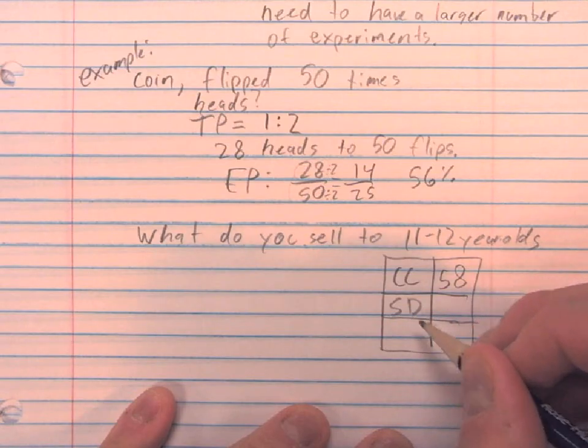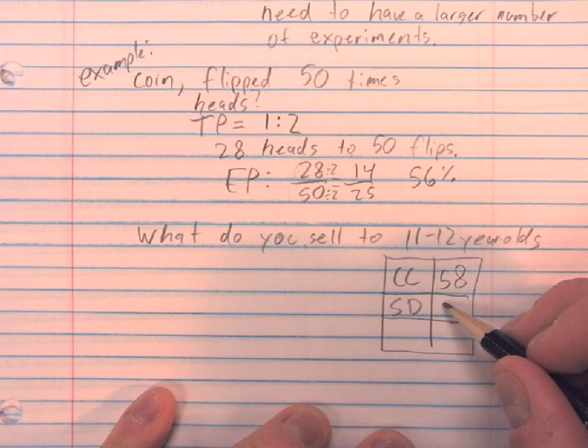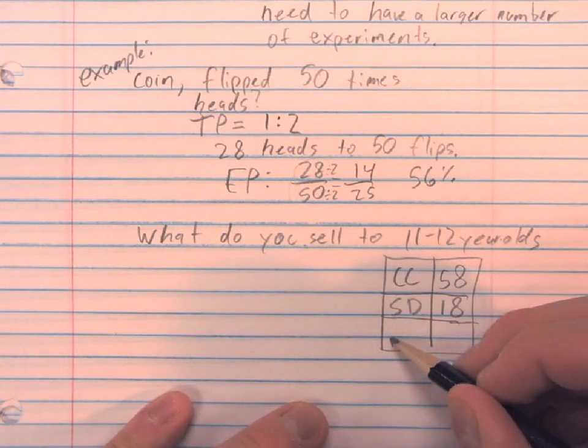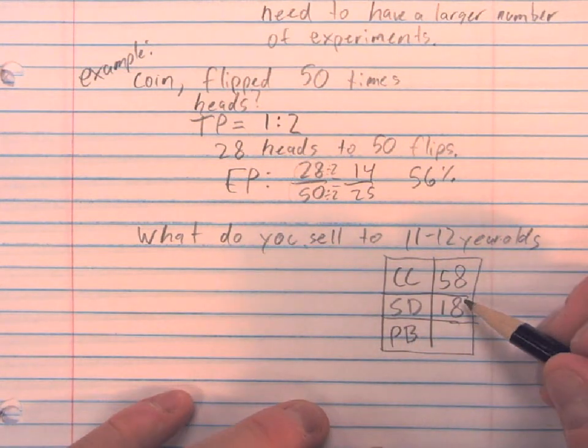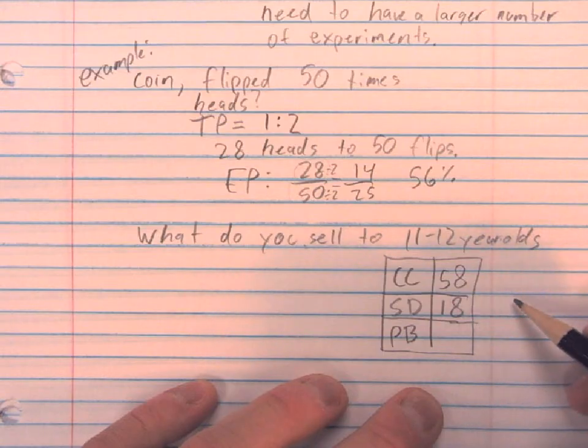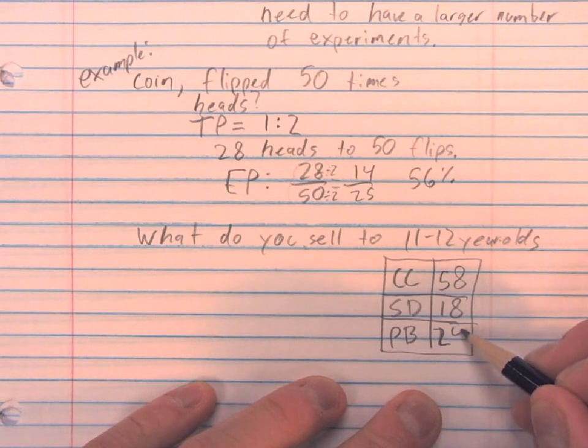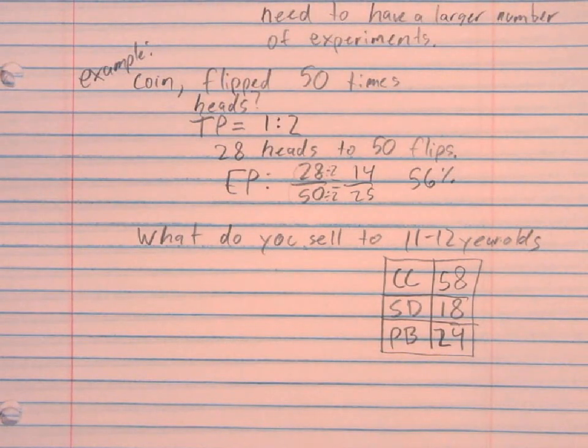Then there's the snickerdoodles. He said 18 bought the snickerdoodles. And then there were the peanut butter cookies, which, hold on, I gotta do my math. 6, 7. There were 24 11 and 12-year-olds that had peanut butter cookies.